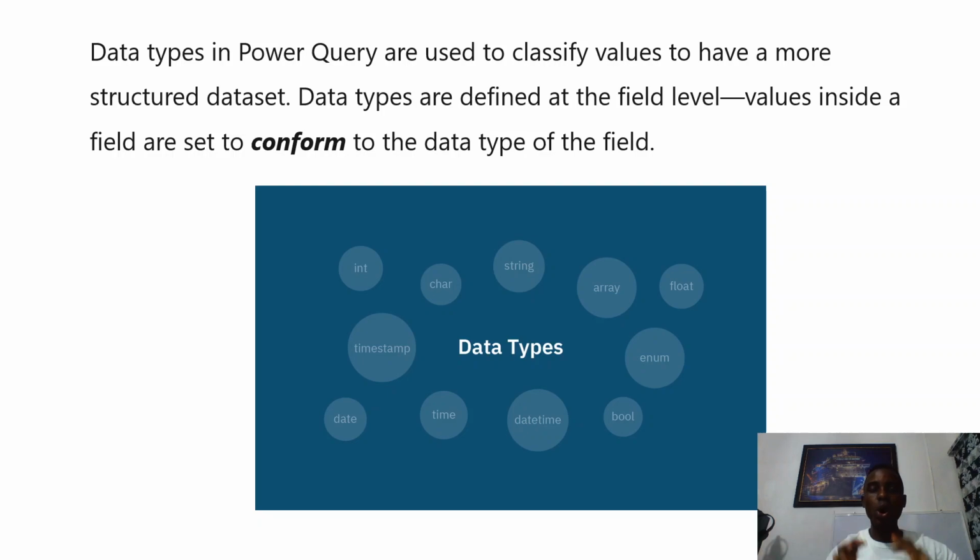An example: let's say I have a sales amount column. With my sales amount column, I would want to do things like getting the sum of sales, sales by month, sales average, and so on. So for me to be able to do this, if I had formatted my sales field as a text field, then it becomes very difficult for me to do those aggregations.